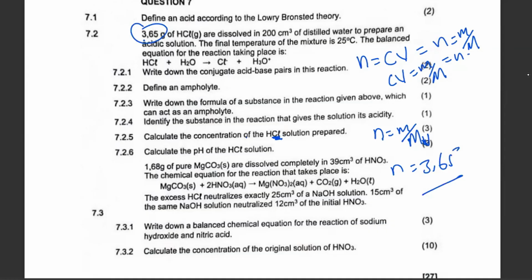Hydrochloric acid, chlorine is 35.5, plus 1 for hydrogen, which is 36.5, times the volume in decimeters cubed, which is 0.2. Yes, because I have to divide by 1,000 to make it decimeters cubed. Therefore, it is going to be equal to 0.02 moles per decimeter cubed.